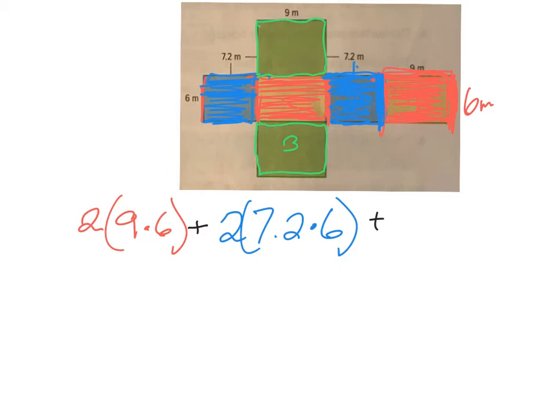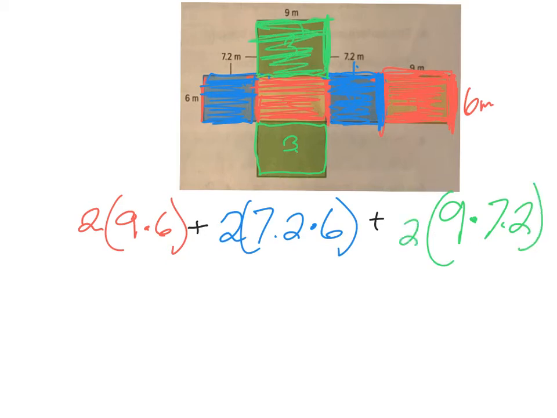Let's do this one up here. It's the same as this one, but I can see that it tells me one side is 7.2 and one side is 9. So it's 9 times 7.2. And then that covers this one. And then when I times it by 2, that gets this one, the whole surface area. Every little square meter of it.